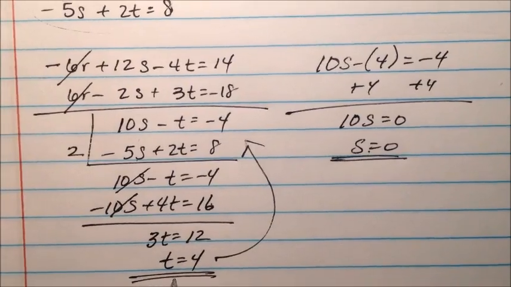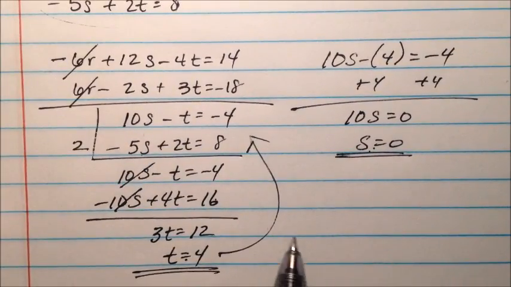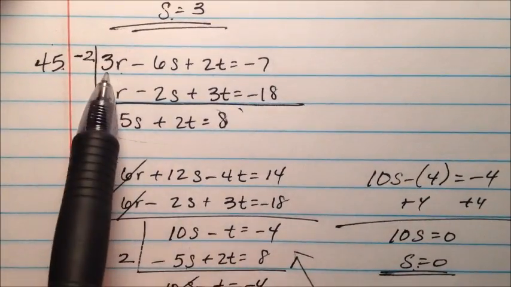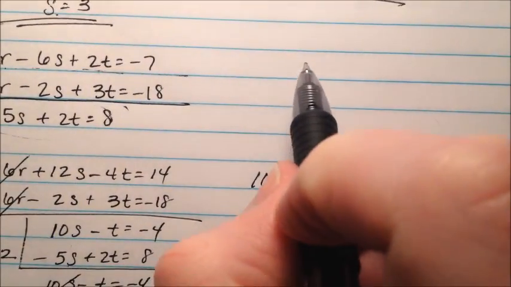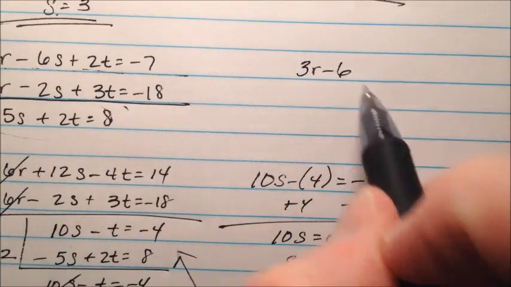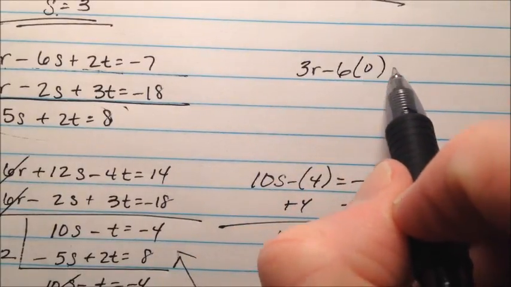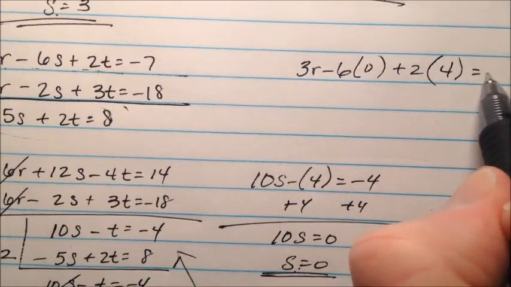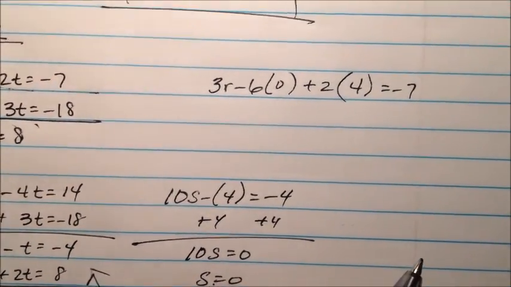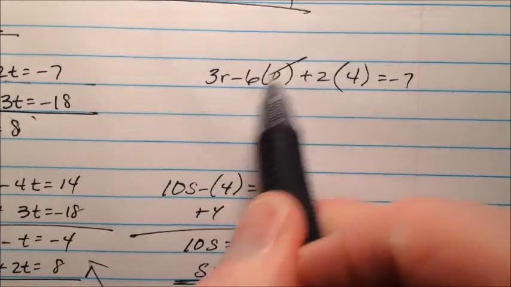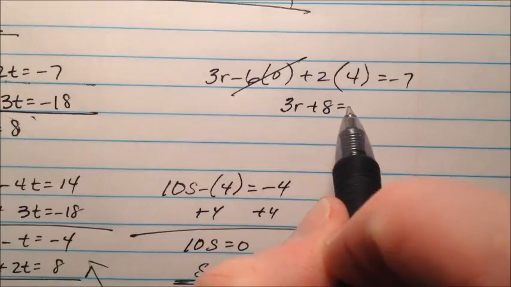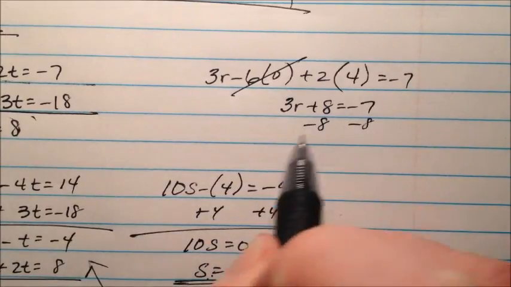So now that I have two of my values, t down here and s up here, let's plug them into one of these top ones and find r. Let's do it in this first one. So 3r - 6 times s, but that was 0, plus 2 times t, which was 4, equals -7. That goes away, so 3r + 8 = -7.